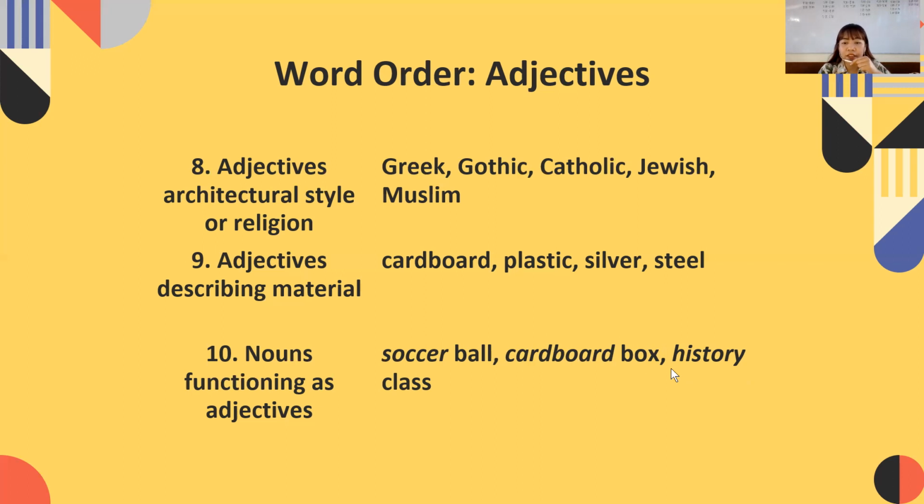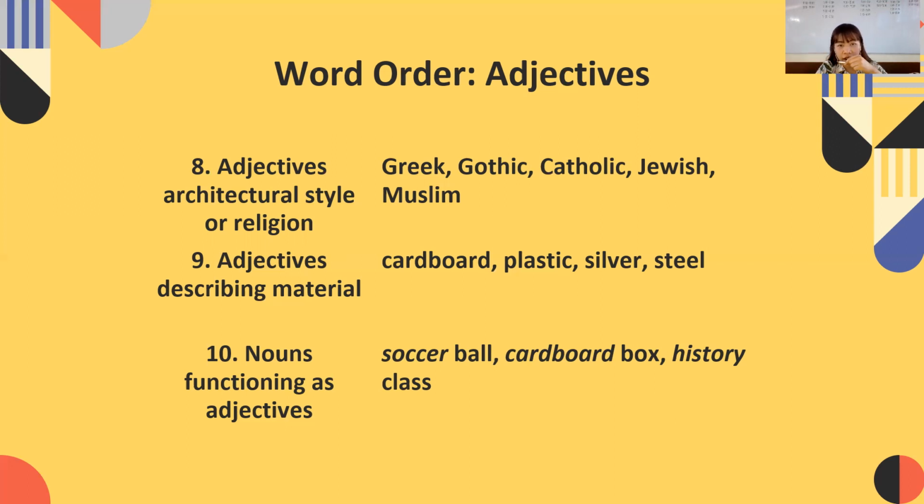We also have history class. History is originally under the parts of speech a noun. But when we pair it with the word class in the phrase history class, it functions as an adjective. It implies that there are different types of classes.